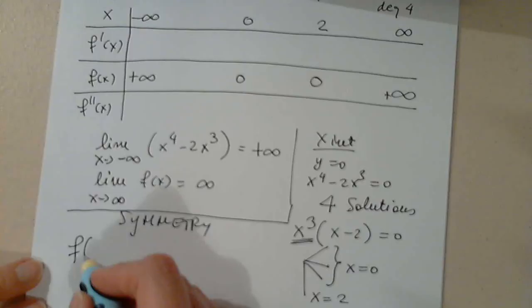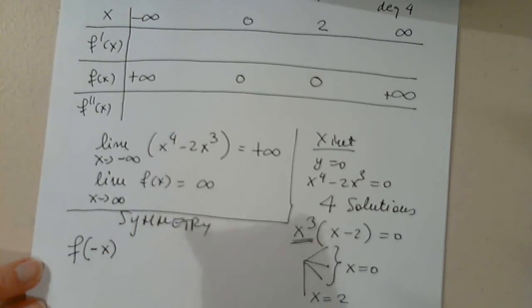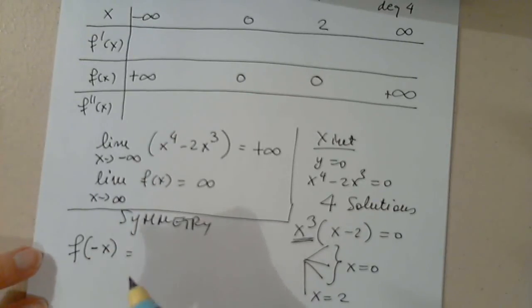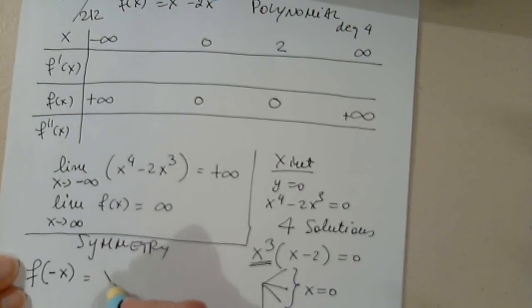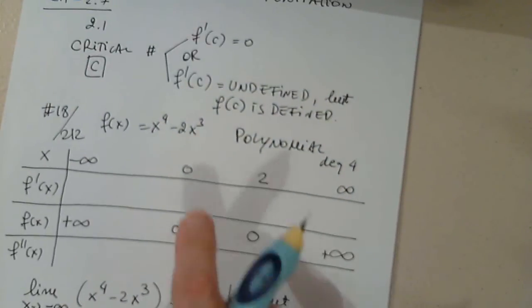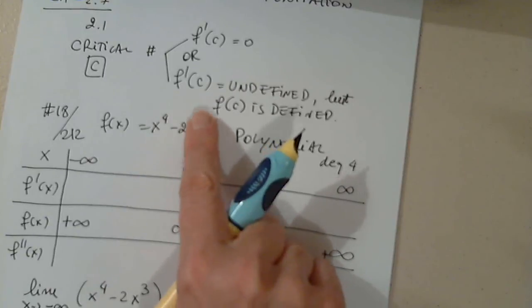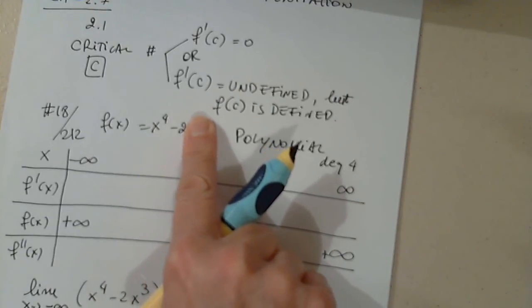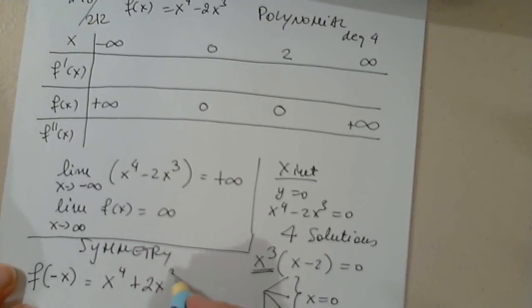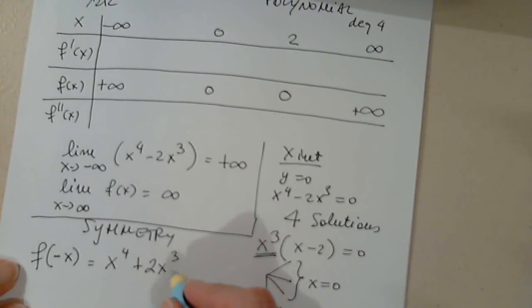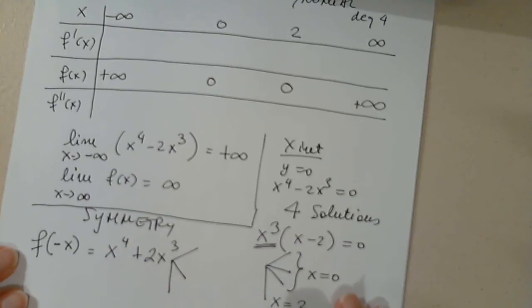I know that if I replace x by negative x in this function, negative x to the fourth power does not change. It's still x to the fourth. But negative x to the third times negative 2 will be positive 2x to the third. There are three possibilities.